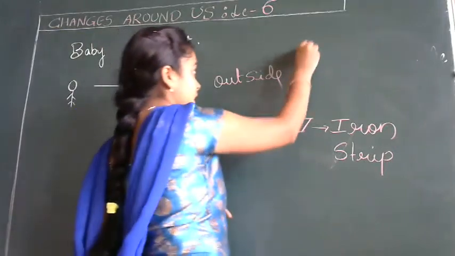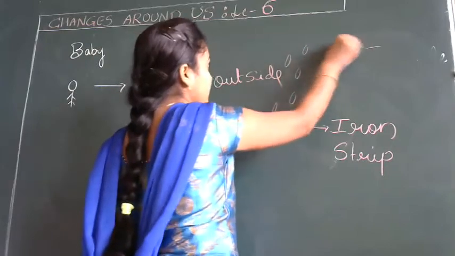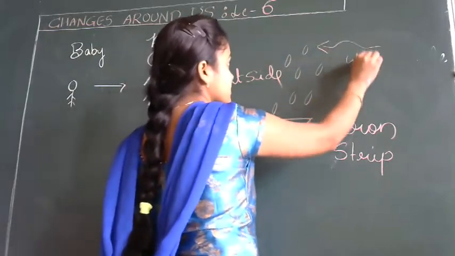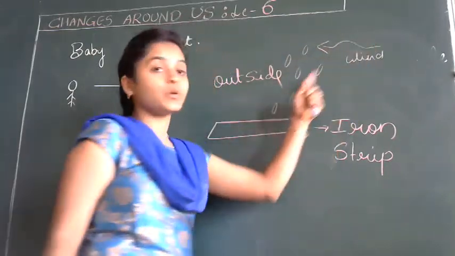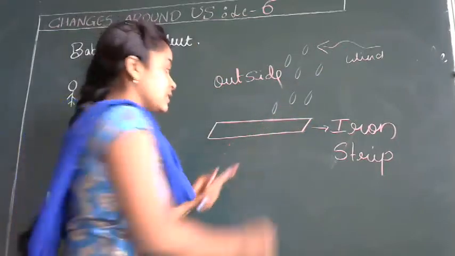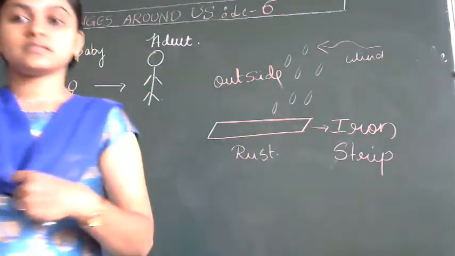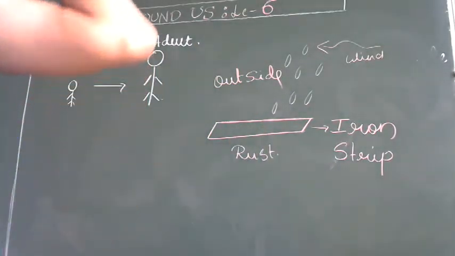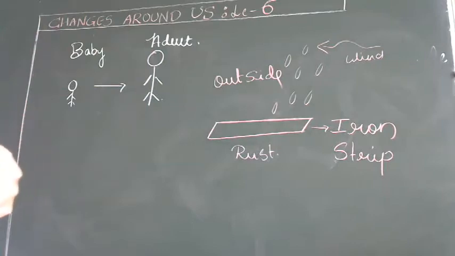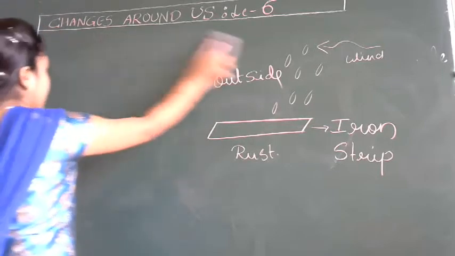So you observe that as rain starts and the wind comes, because of these atmospheric conditions, this iron will rust. Yes, rust. So iron will turn into rust. So these are some changes you can see in your surroundings.